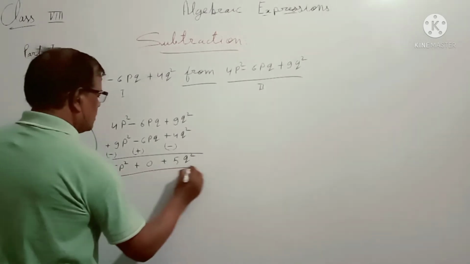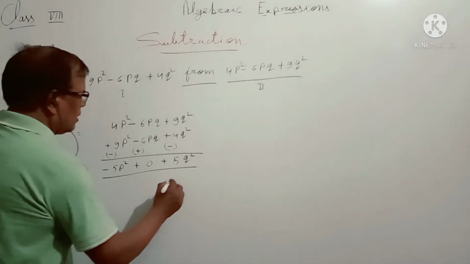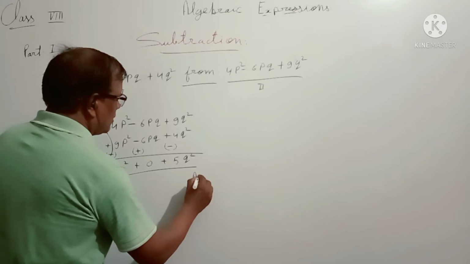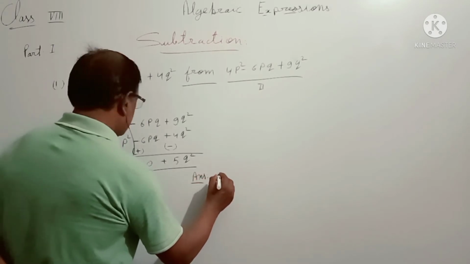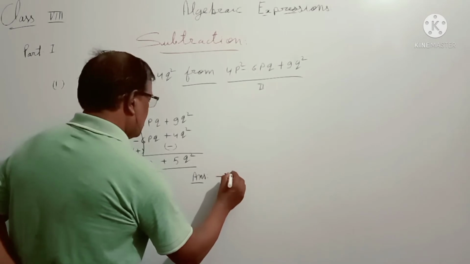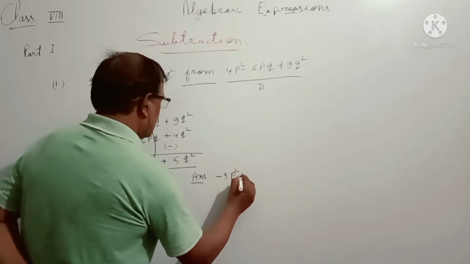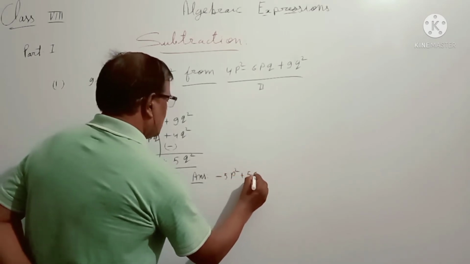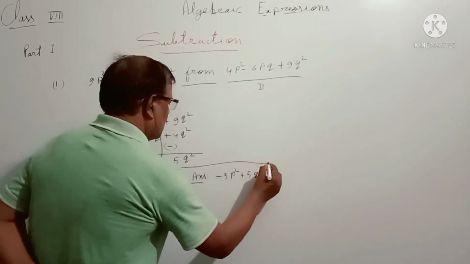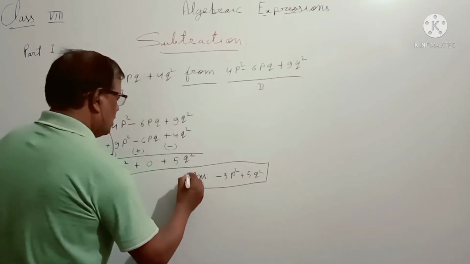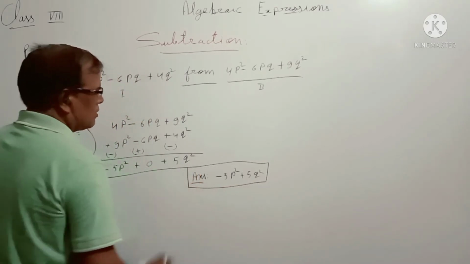It is the subtraction and result. If we want to write the answer, we write minus 5p square plus 5q square. Then we can write it in a rectangle. It will be good to represent the answer.